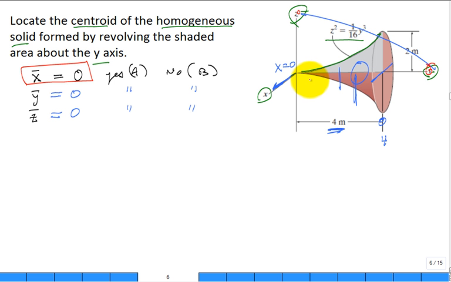Same thing here. Think about cutting in the XY plane, going through the origin, and then I look at the top half and the bottom half of that object. Is it symmetrical, a mirror image above and below? It is. And so we conclude that yes, z bar is 0 from symmetry.